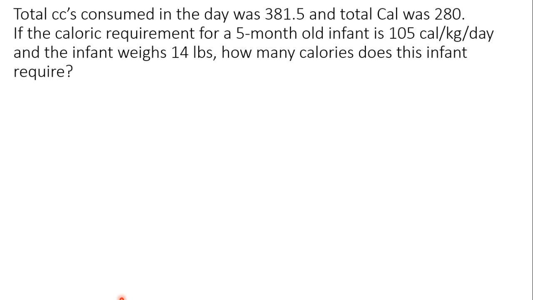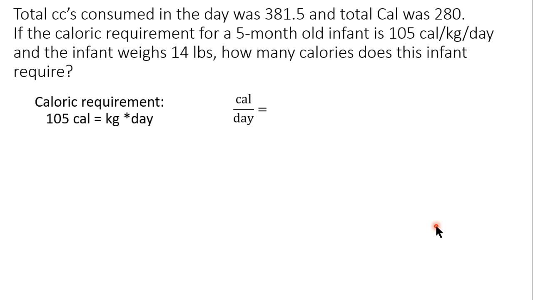Awesome. Let's go over this then. So if we know that the infant requires 105 calories per day per kilogram, and we want to find how many calories per day they require. So we put the calories on top, 105 calories per kilogram per day.